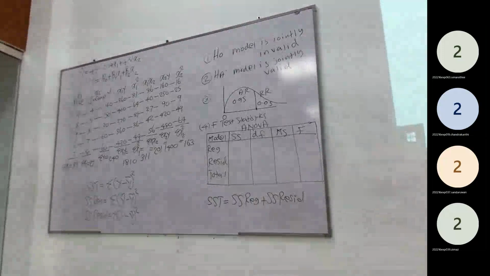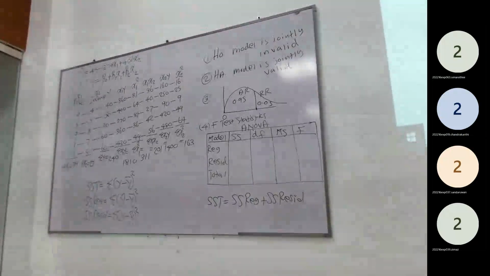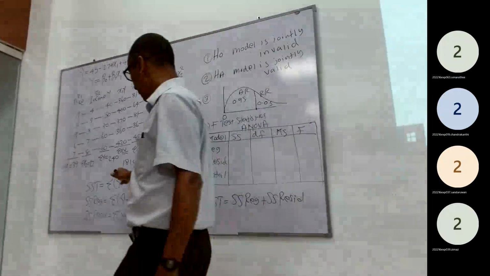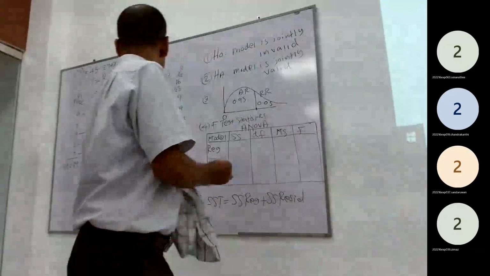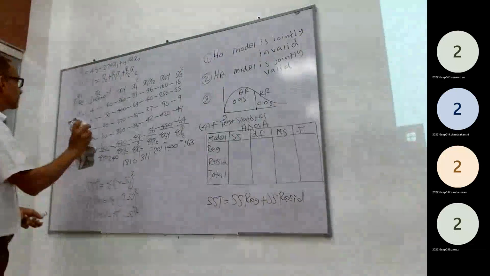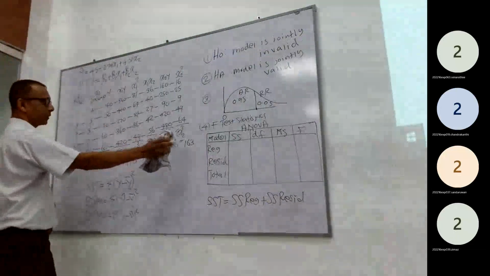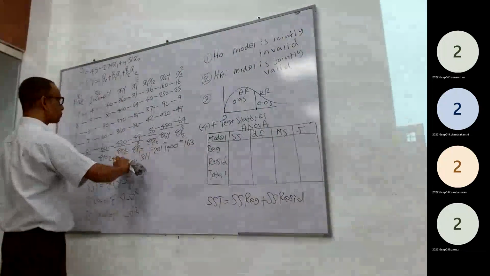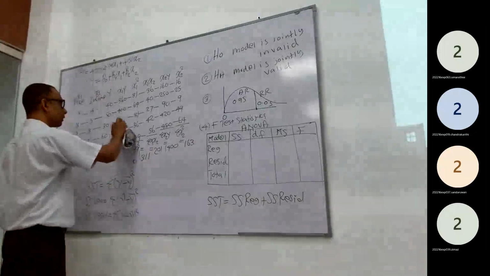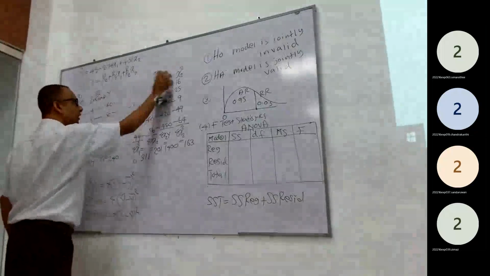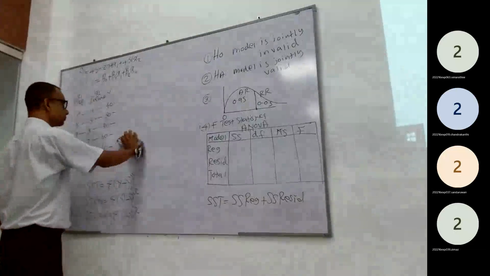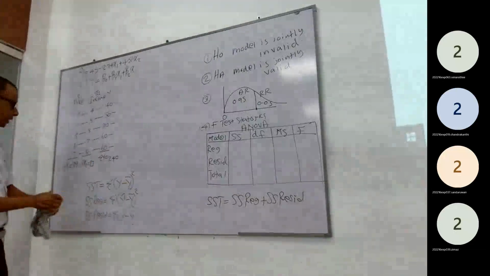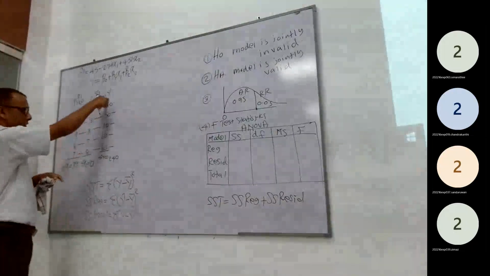Right, if you calculate two figures, the balance you can take. I take y minus y bar. Y is the value.